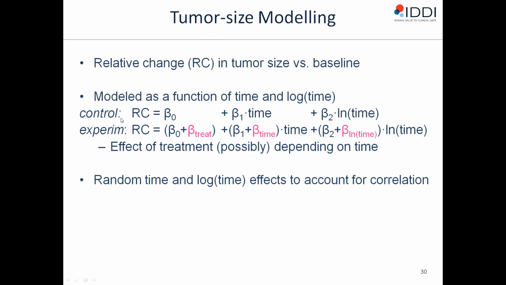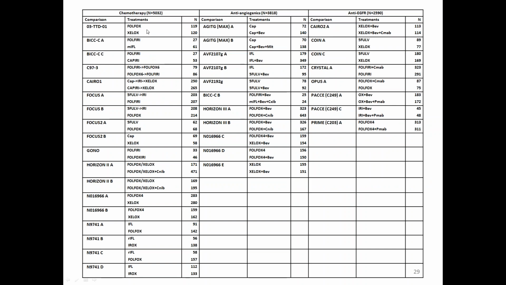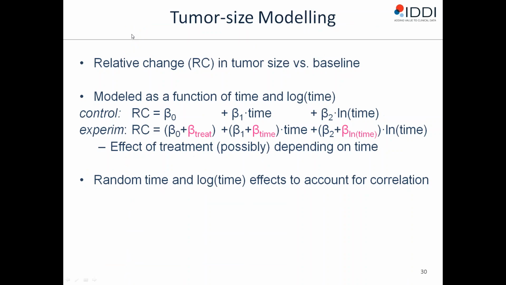In particular, for the control treatments, by the way, control treatments are listed in this table as the first in the row and the experimental as the second in the row. So for the control treatment, the assumed trajectory was a function of time and logarithm of time. And for the experimental treatment, we have modification of these coefficients of the intercept, time effect, and log time effect.